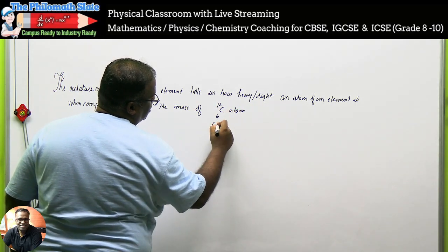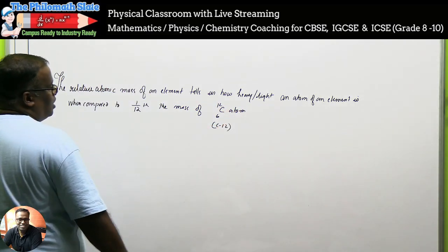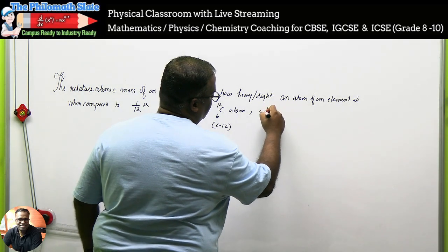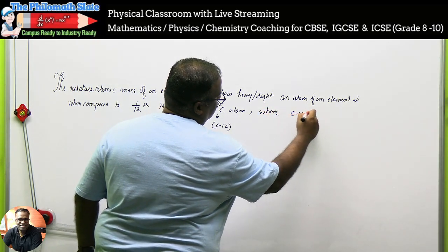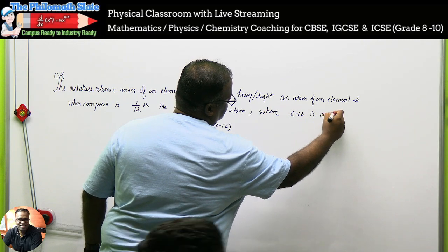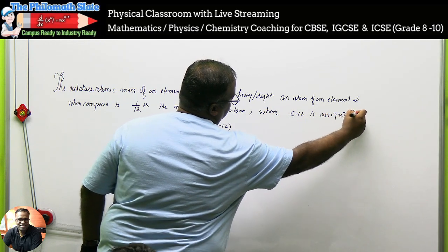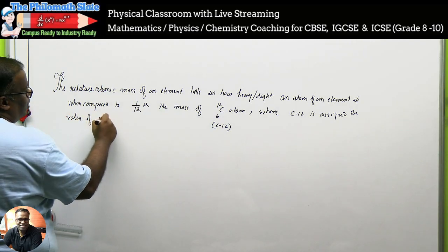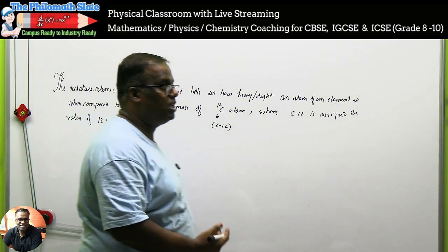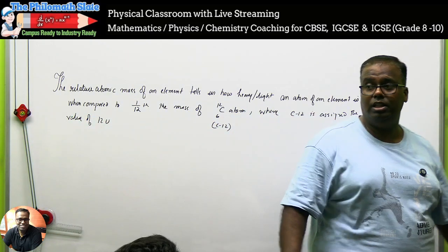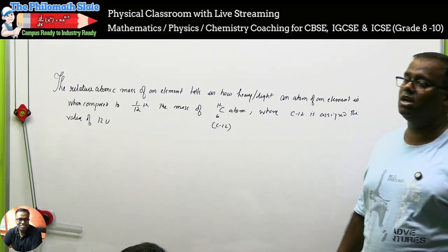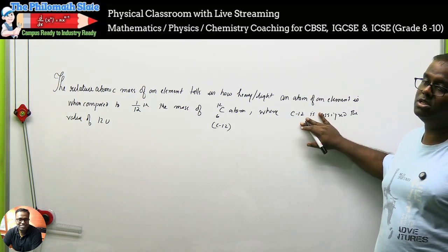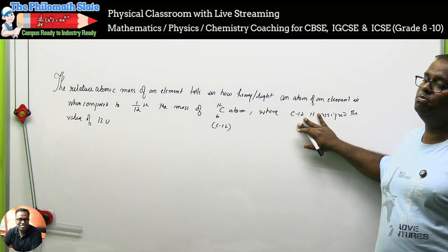We write it as carbon 12, where carbon 12 is assigned the value of 12U. First assign carbon 12 the value 12U and then say how heavy an atom is as compared to 1/12.